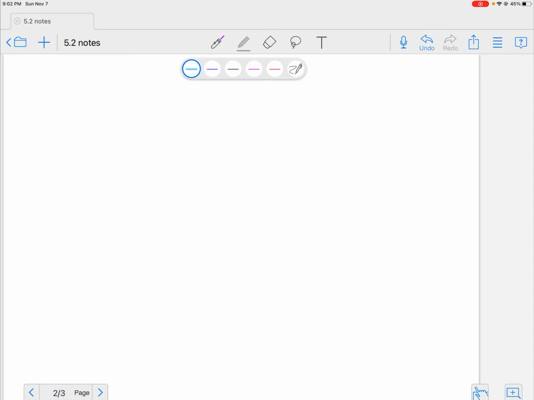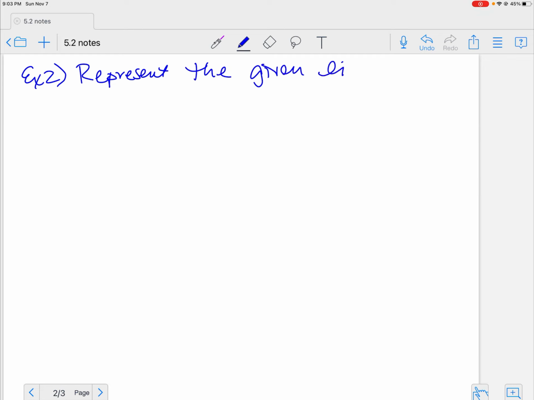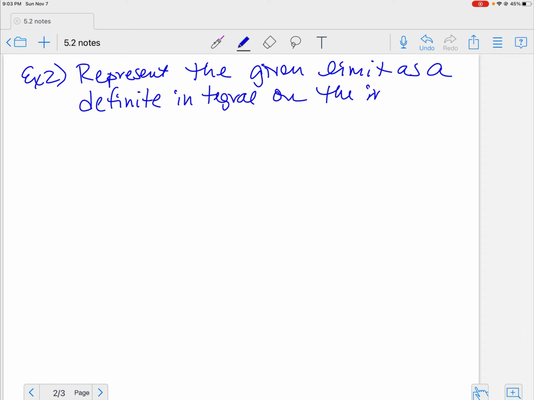I need a new page. Let's do this one. Here is example 2. We are going to represent the given limit as a definite integral on the interval.